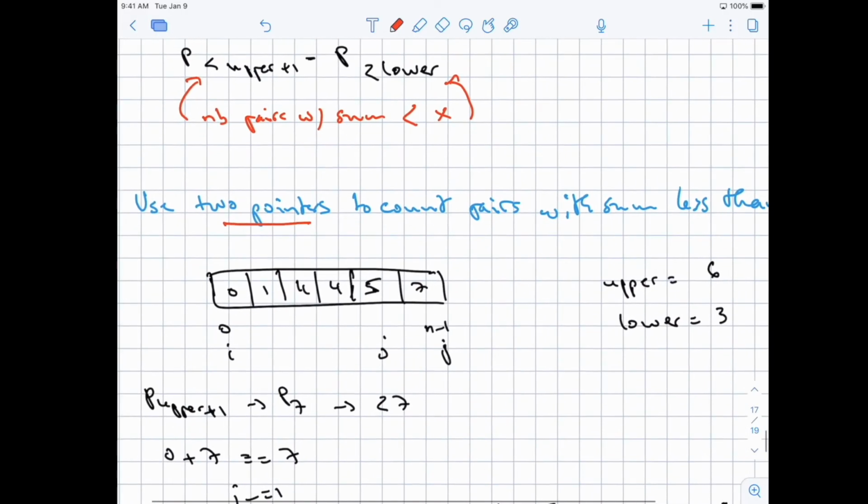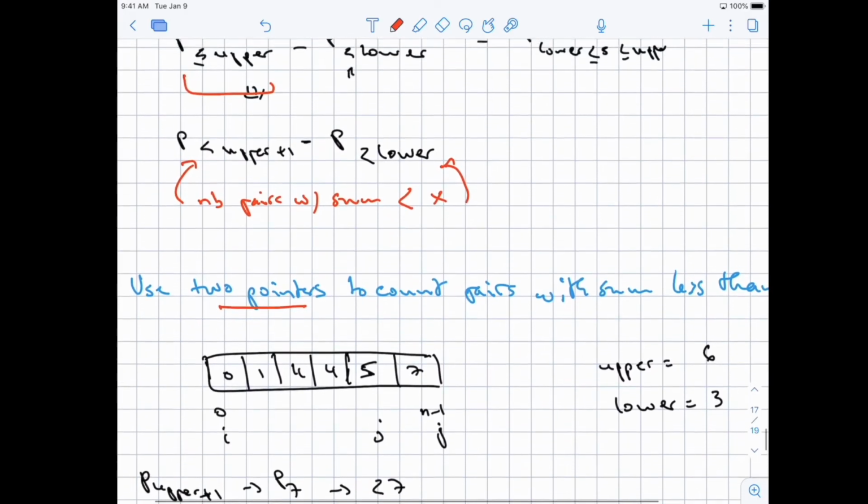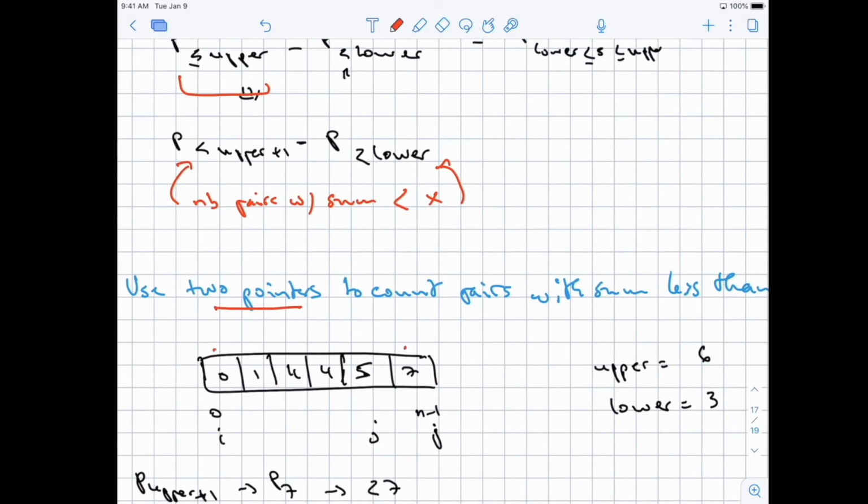So let's say we have this array here. We can just have our pointer here and here, right? And as long as the sum is bigger than the x value, we need to reduce the sum to have a chance for it to be smaller than x, right? And so we just reduce j, we move it to the left, right? If the sum is still bigger than x, we move it to the left.